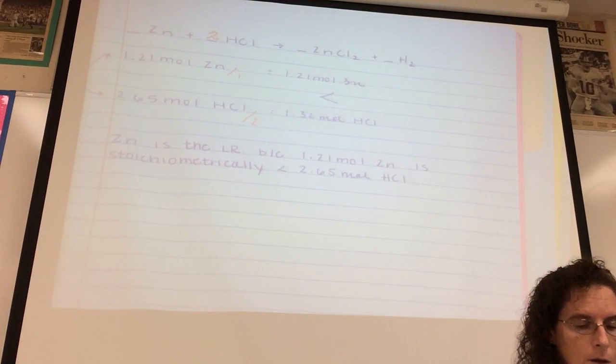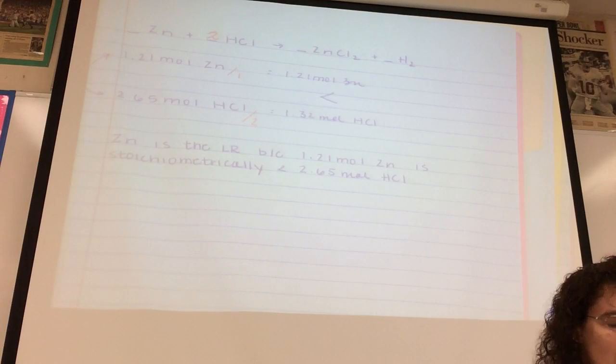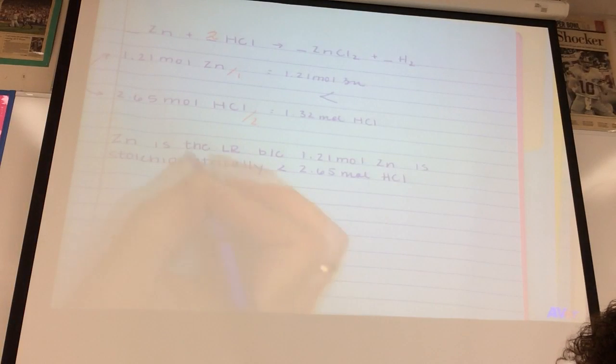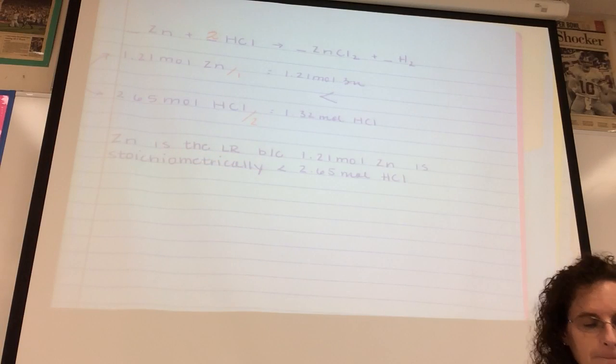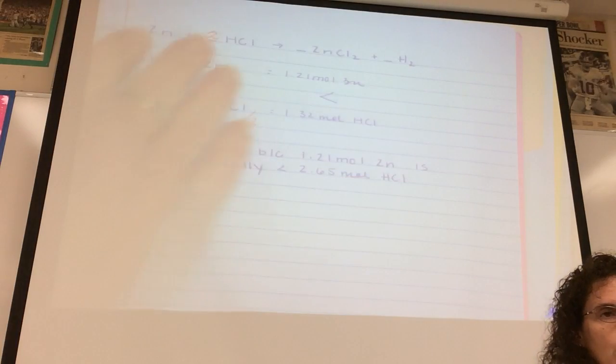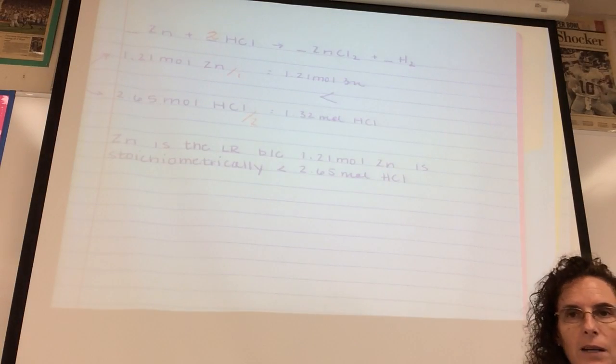Do we have to know how to spell that? It's just stoichiometrically. You guys are good spellers. Not that good, huh? You underestimate yourselves. That will earn you full credit on the determination of the limiting reagent.